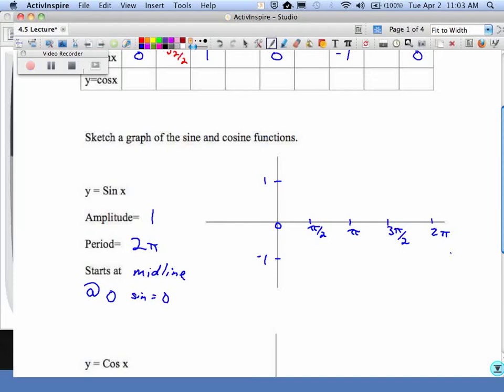So when I graph them now, I'm at 0 here, up to pi over 2, at pi over 2 we're up at 1, negative 1 at 3 pi over 2, and back to the midline at 2 pi. So the red dots are the values. Maybe I should have made them blue so it corresponds with the blue numbers. But the graph looks like this. Nice, smooth curve through all the dots. So that's sine curve.